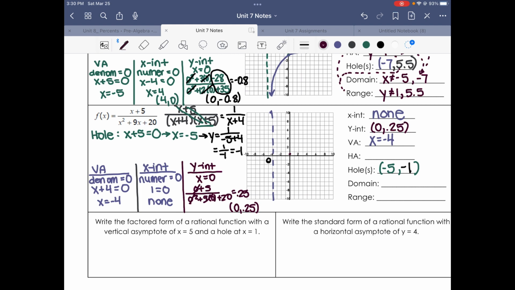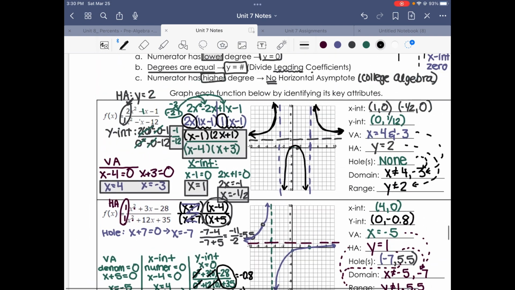And lastly, my horizontal asymptote is where I'm comparing the power on the top with the power on the bottom. The power on the top is only 1, so it is smaller. If the numerator has a smaller or a lower degree, then your horizontal asymptote is always y equals 0 for the horizontal asymptote.